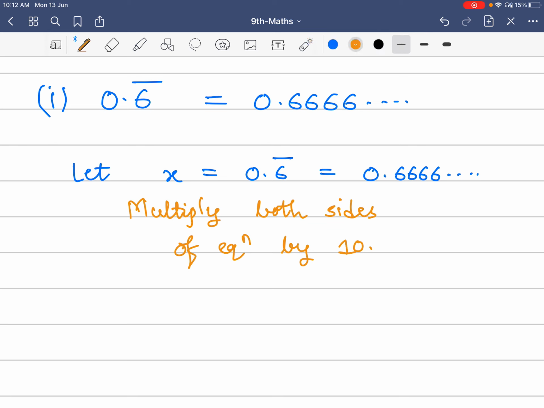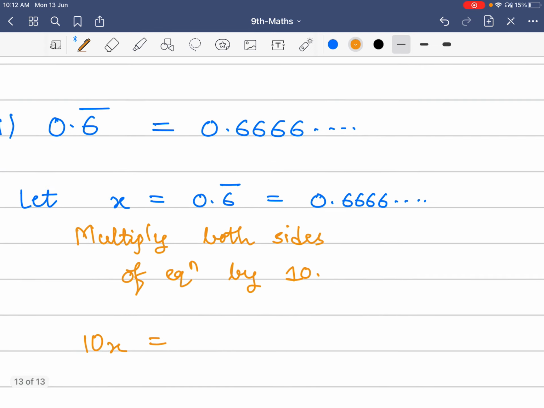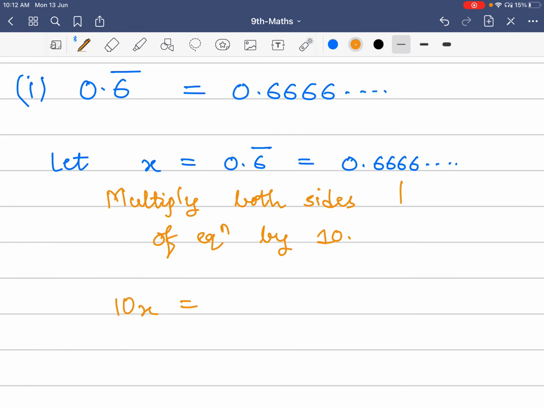Now we multiply both the sides of the equation by 10, so we get 10x as equal to 6.6666 dot dot dot. Now I'm going to split this in the form of a plus b, and that is going to look like this.